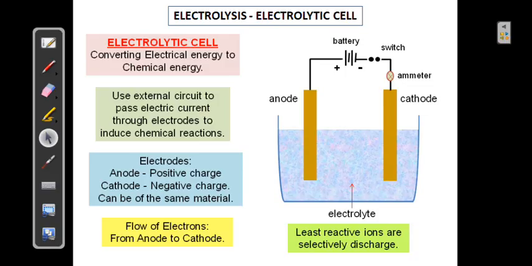Whichever ions happen to be at the lowest position in the electrochemical series will be selectively discharged. Now that is the function of the electrolytic cell, which we have learned previously. But this is just to recap, so that you will see the difference when we talk about the Voltaic cell.